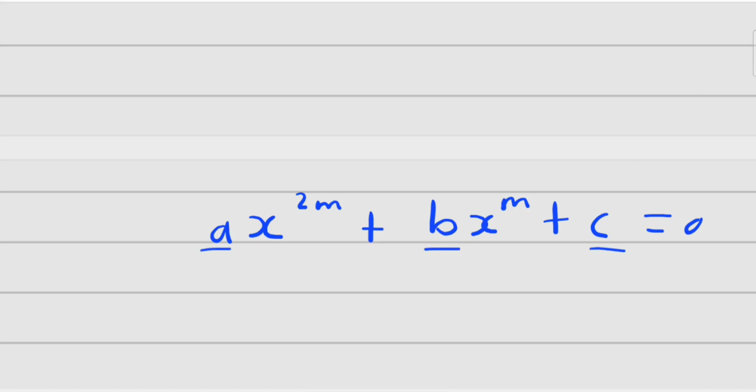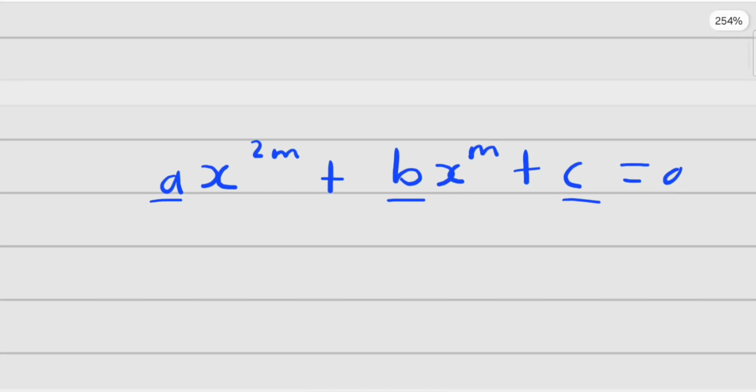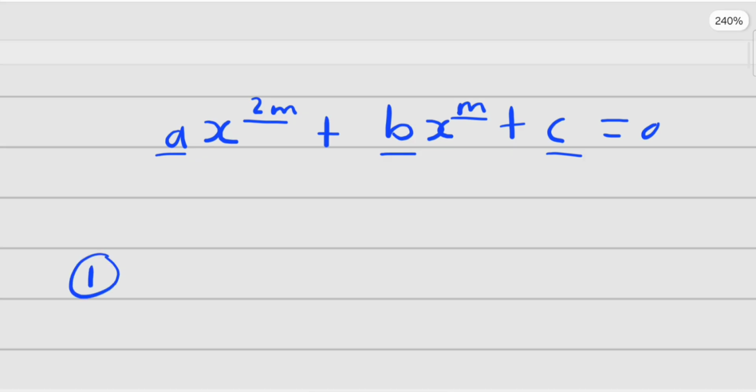A, b, and c are just numbers, right? So in other words, this power right here will be double this, right? Let me give you an example. 8x to the 4 minus 4x squared is equal to 0.